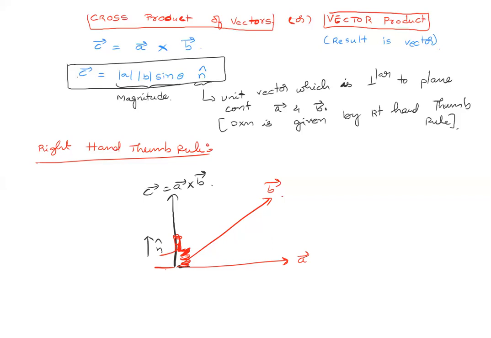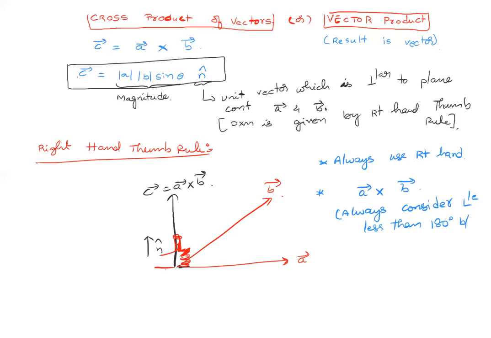You have to always use the right hand first, and in doing A bar cross B bar, always consider the angle less than 180 degrees between the vectors.